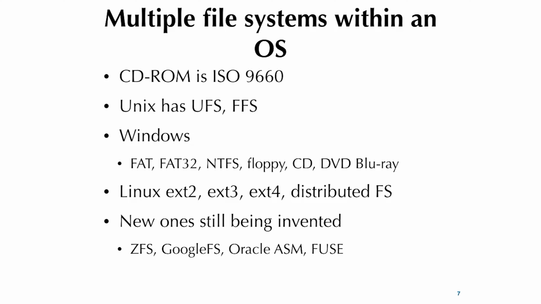And new ones are still being invented, so there's ZFS, Google file system, Oracle has their own, and network file system, NFS, that's one of the pretty important ones. So Sun Microsystems did NFS, but that was more over the network, and that is not covered in this chapter. It used to be, but got moved out.